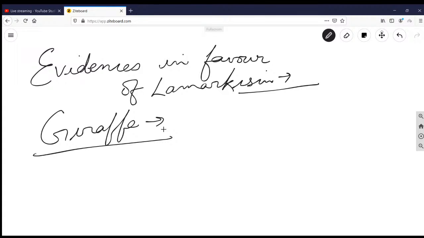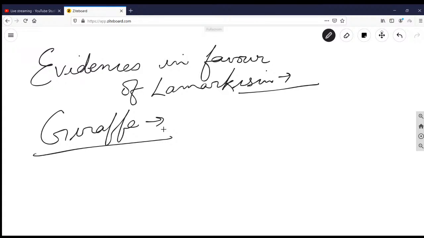The thing is, it was like a deer-like ancestor. It occurred by the gradual elongation of neck and forelimbs in response to what? In response to deficiency of food on the barren ground in dry deserts of Africa. So the trees grew in length, and the giraffe had to make a conscious effort to reach the trees in order to get food.